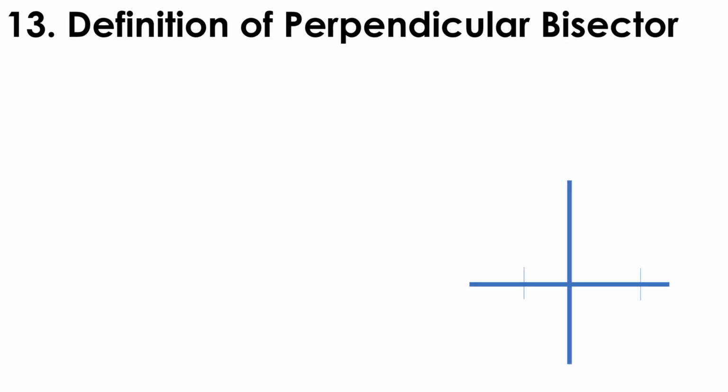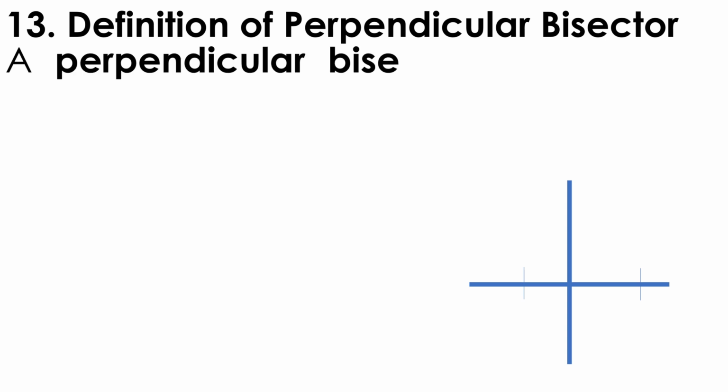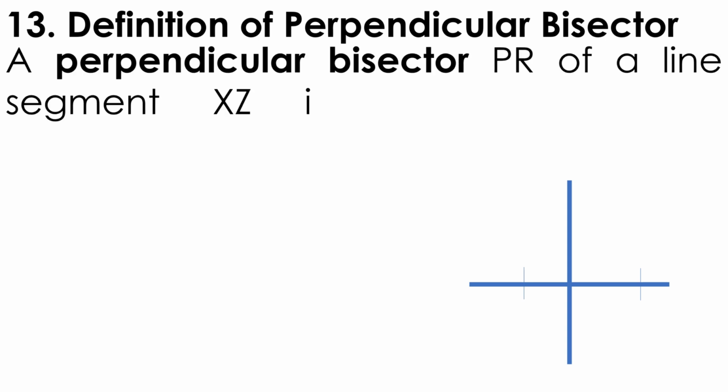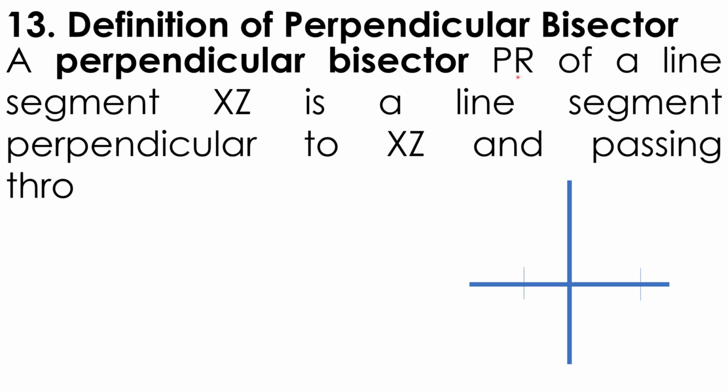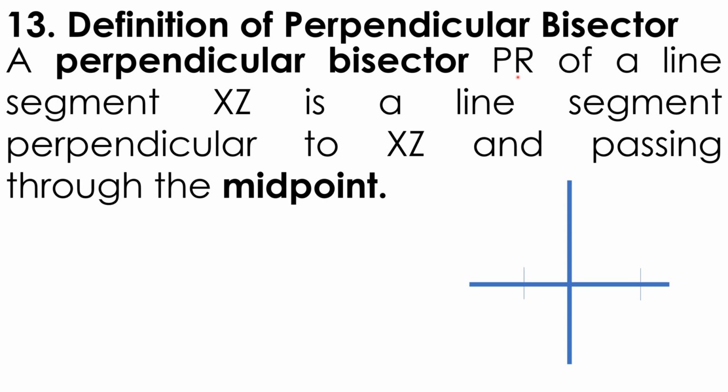Now let's proceed to the definition of perpendicular bisector. A perpendicular bisector, PR, of a line segment XZ is a line segment perpendicular to XZ and passing through its midpoint.